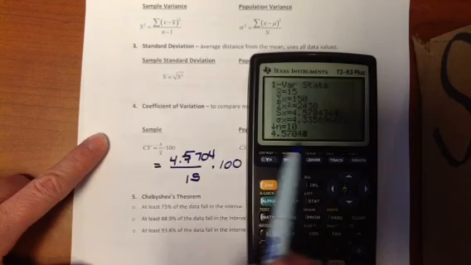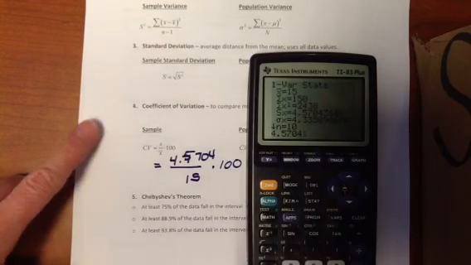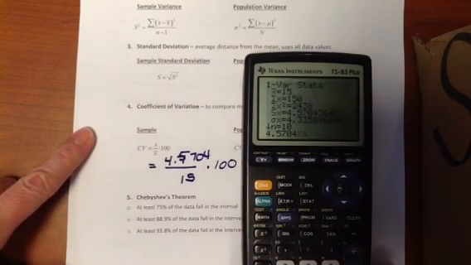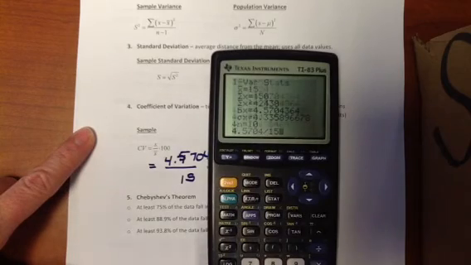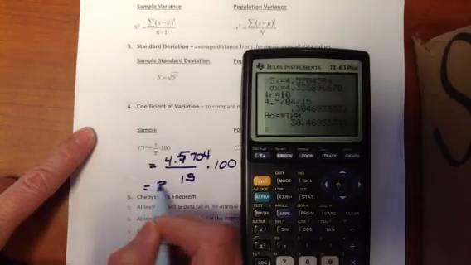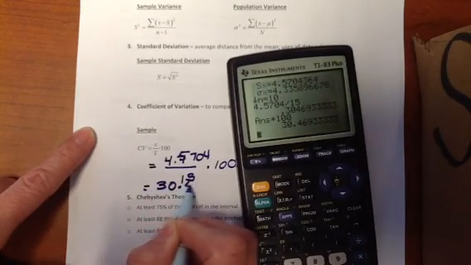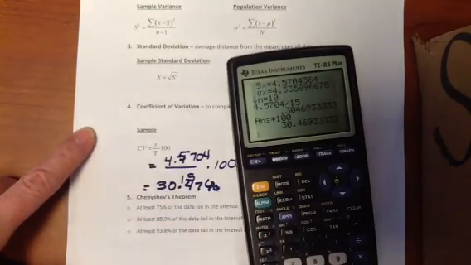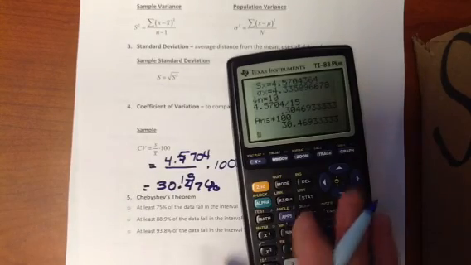I would do at least 4 decimal places. You can do more if you want, but do at least 4. Divided by our mean of 15 times 100. It gives us a percent. So it's 30.47% variation in our data.